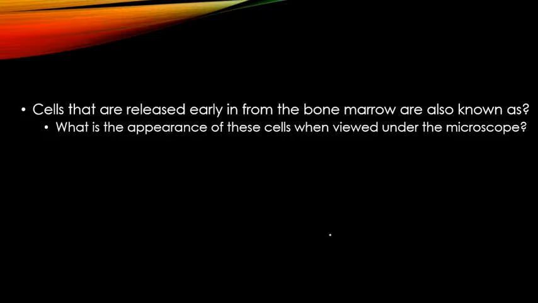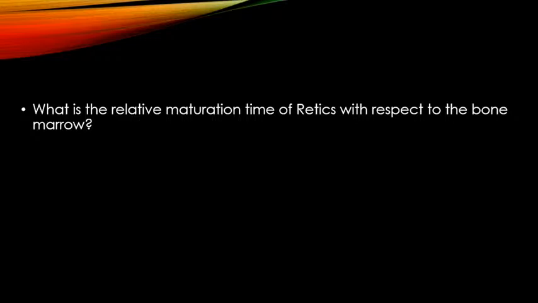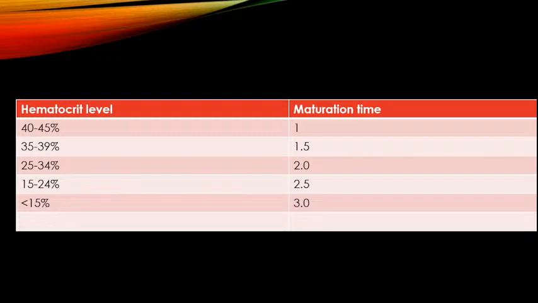Now, the cells released early in the marrow are known as shift cells, and they usually have a polychromatophilic appearance. Okay? They have a polychromatophilic appearance. What is the maturation time for retics with respect to the bone marrow? I'll give you a table. Don't forget to review this one because this is an important chart.